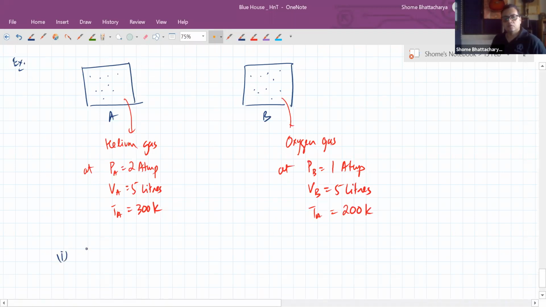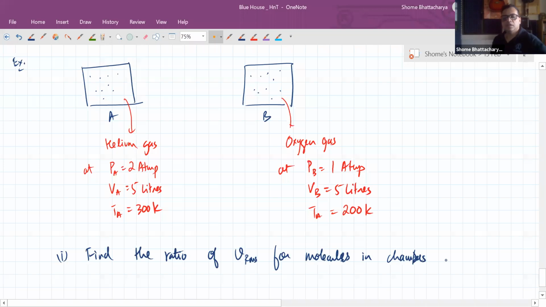So first of all, find the ratio of Vrms for molecules in chambers A and B. The first set of questions is going to be about ratios.